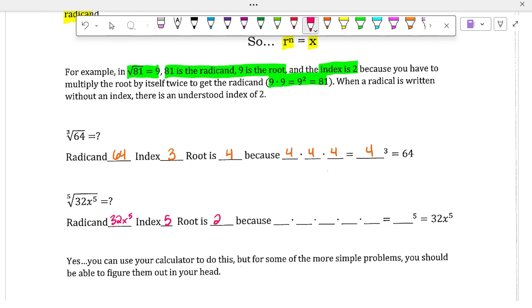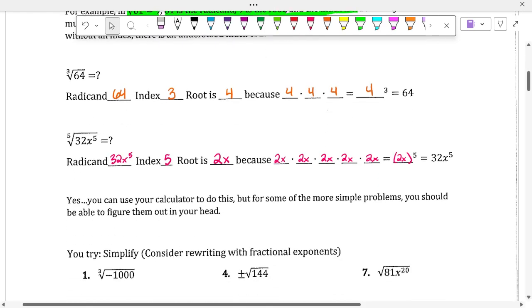So our root is 2, but that's not the only part of the root. We also have to consider the x. So x to the fifth, well, if we're undoing a fifth, it would just be x. So our root is 2x. It's 2x times 2x times 2x times 2x times 2x. It's the same thing as 2x to the fifth. Make sure you have those parentheses around it, which is 32x to the fifth.